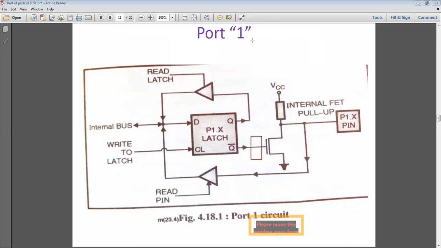This multiplexing device is basically provided for choosing between two operations. Since port 1 works only as a single input output port, there is no need for a multiplexer. That is the major difference between port 0 and port 1.